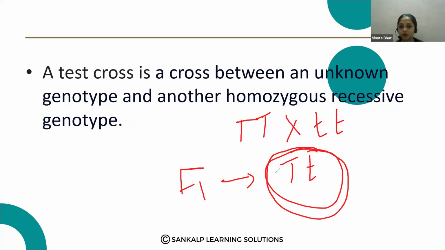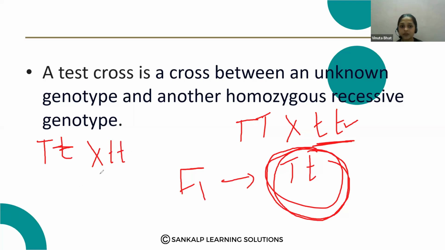We don't know the genotypes of these plants, whether they are homozygous or heterozygous. To detect the unknown genotype, it is crossed with the recessive plant, which has a known genetic combination, tt. We don't know if the unknown is homozygous or heterozygous TT.